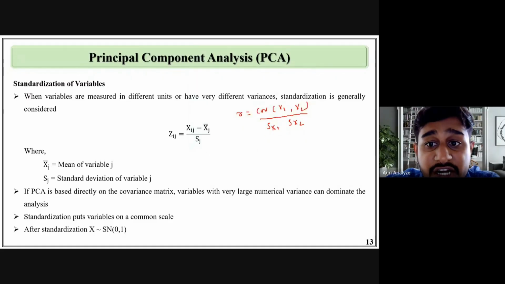But after standardizing, the standard deviation of x1 and x2 is equal to 1. So here R is equal to the covariance of x1 and x2.